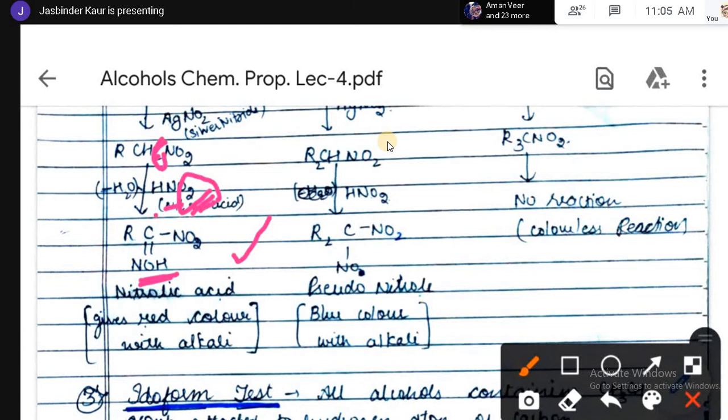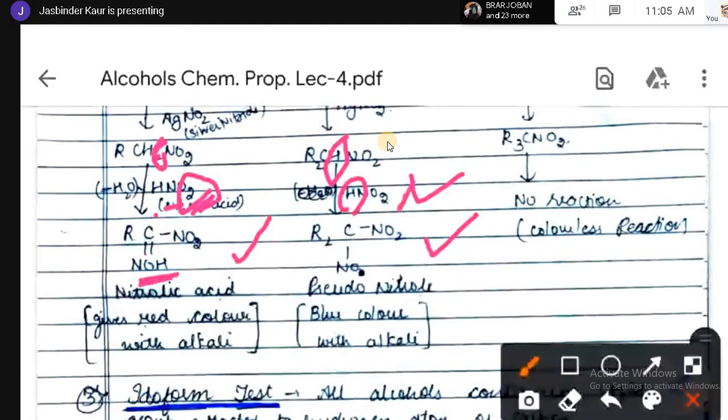And similarly, when secondary alcohol is treated with nitrous acid after a sequence of reactions, then it gives this product, that is nitrolic ketone. In this, this carbon has one hydrogen and one hydrogen from this and one oxygen.